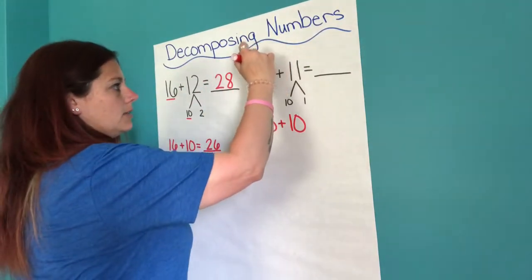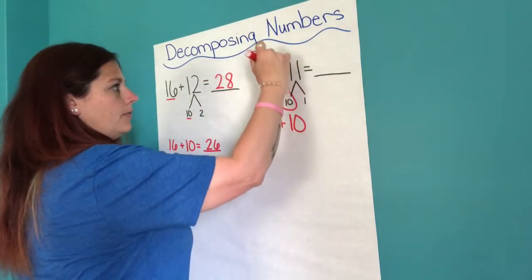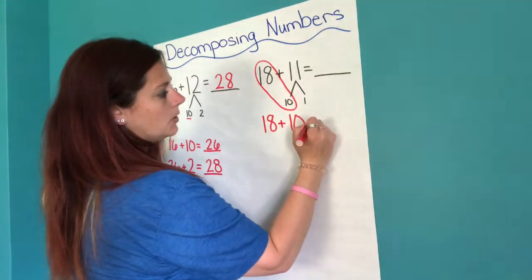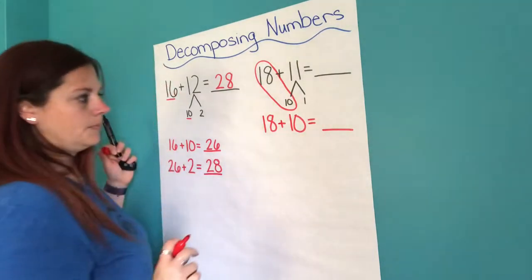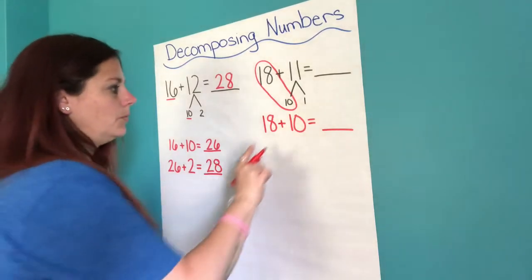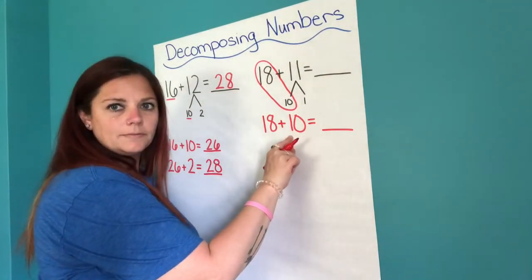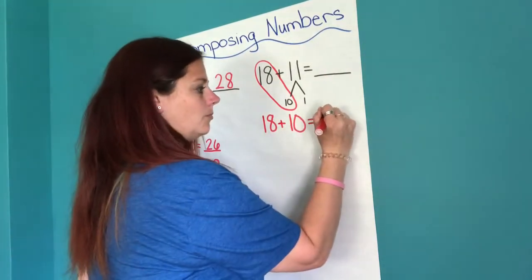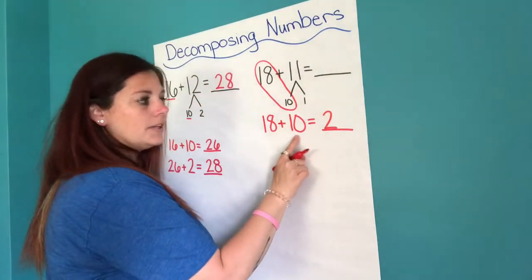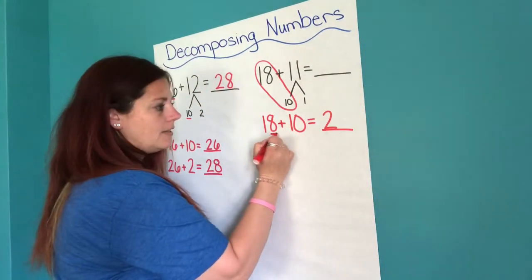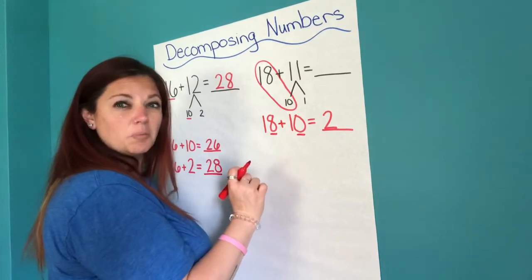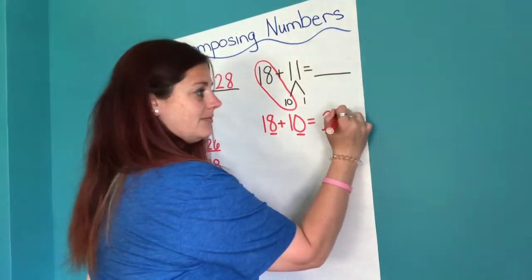So you're adding these two numbers together, right? Equals blank. So, what's 1 plus 1? 2. 8 plus 0, because we're looking at the ones place. 8 plus 0 is 8, right?